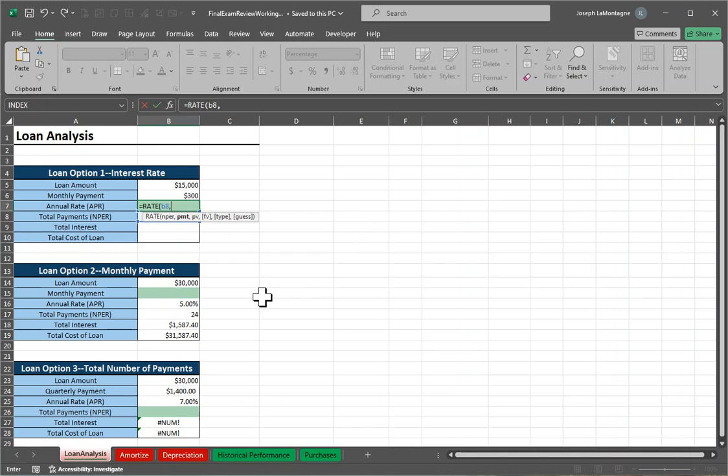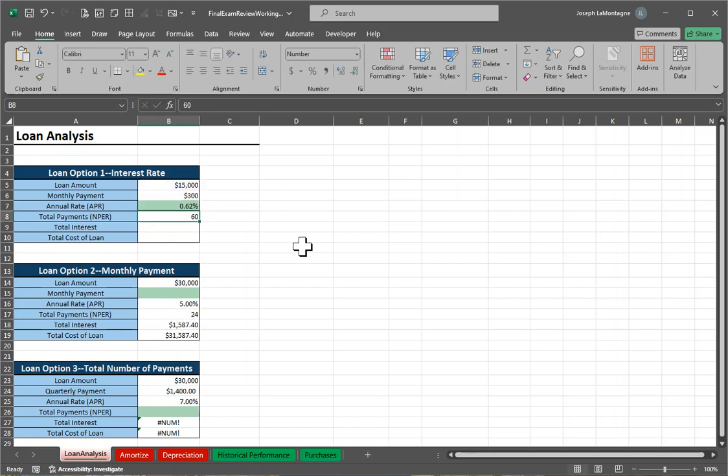The actual payment will be B6, and the present value will be negative B5. When you're doing the rate or the NPER, you only need to make either the payment or the present value negative. So if we hit enter, you get 0.62.